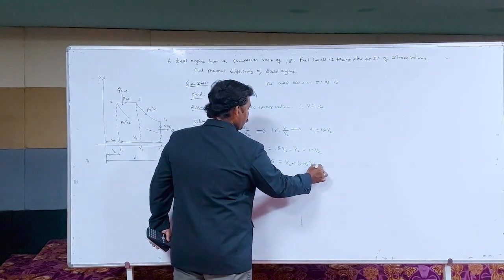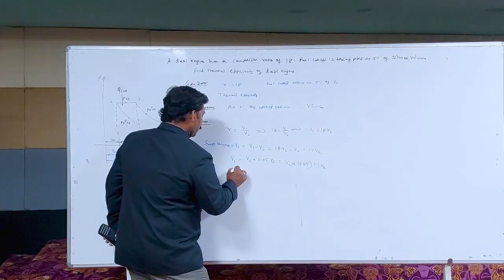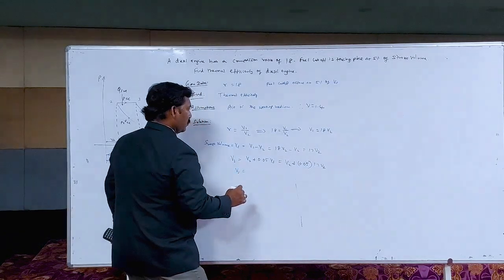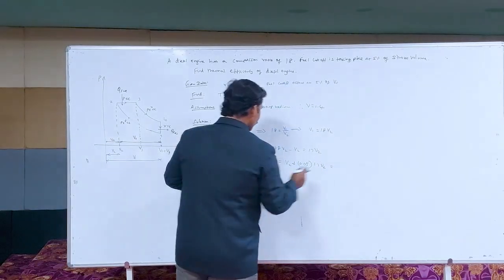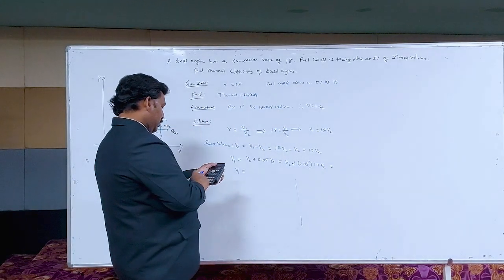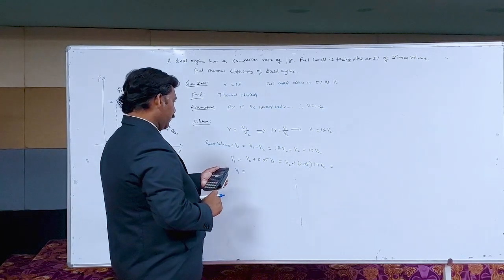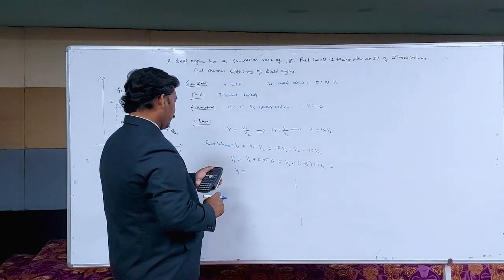So 0.05 times 17 is 0.85. So V3 is 1.85 V2.